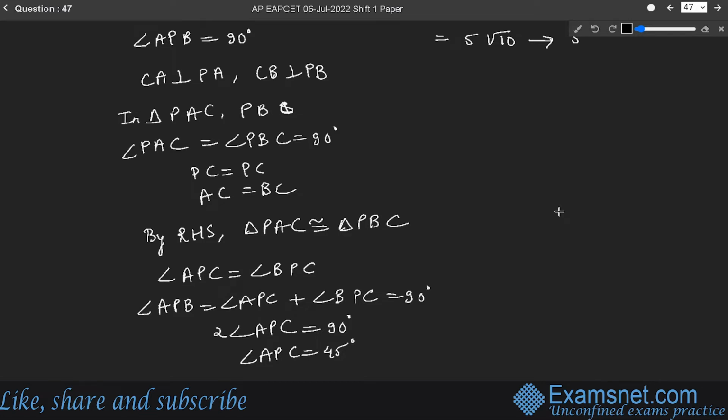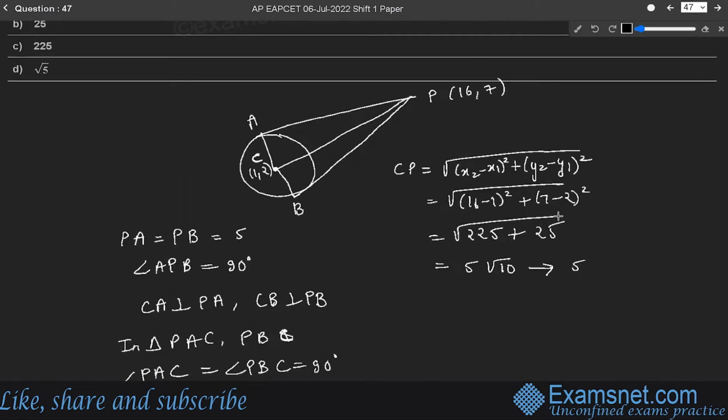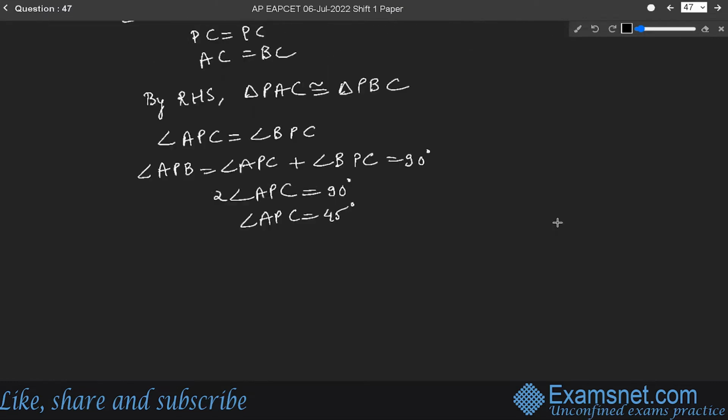Now consider the triangle APC. You can see in the figure the triangle APC. So in triangle APC, 45 degrees plus 90 degrees plus ACP is equal to 180 degrees. We know that the sum of the angles of a triangle is 180 degrees.